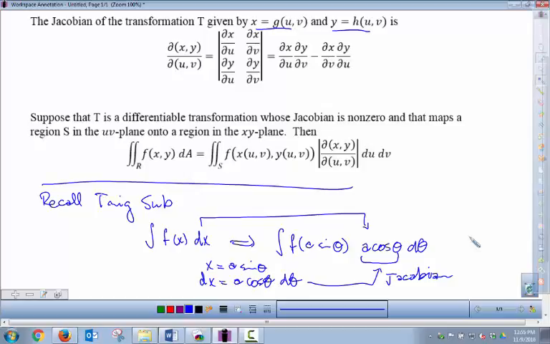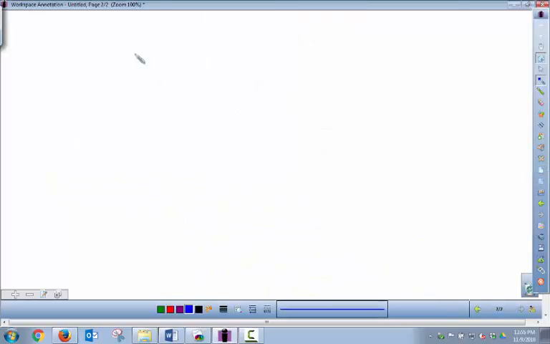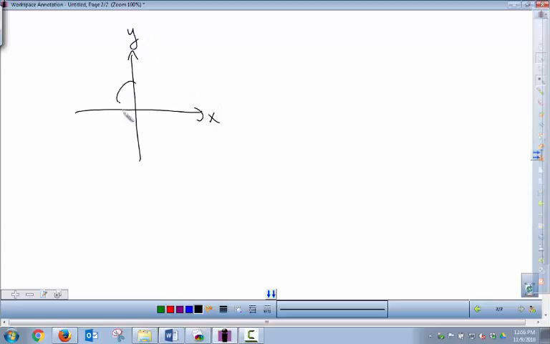So I kind of wanted to not talk about the geometry of it, but I feel compelled to talk a little bit about it. So let's talk a little bit about the geometry, without needing to know any of this. What we have is a region on the xy plane that may be complicated.